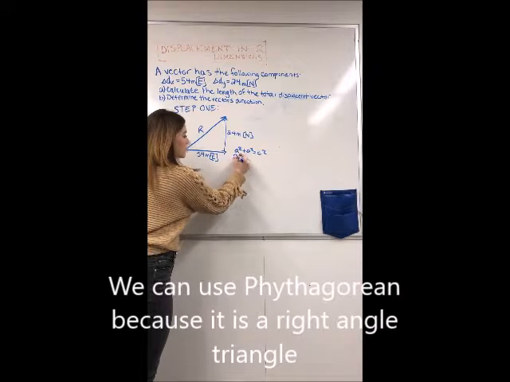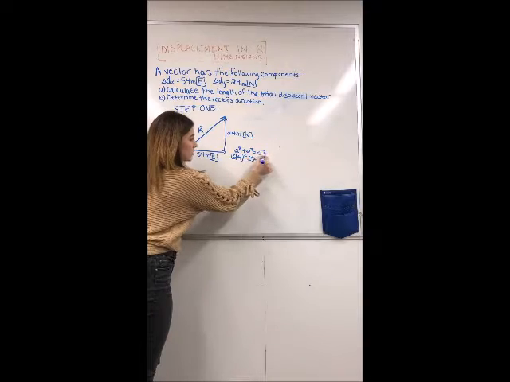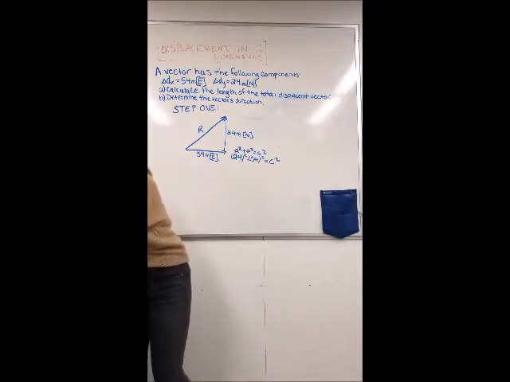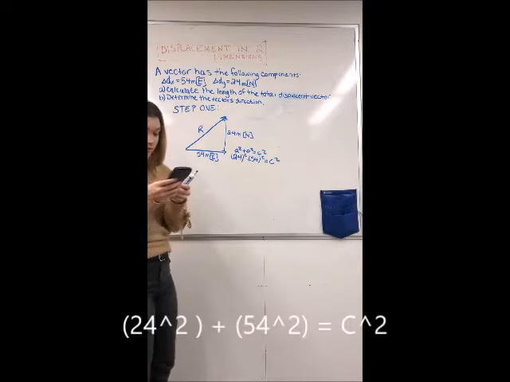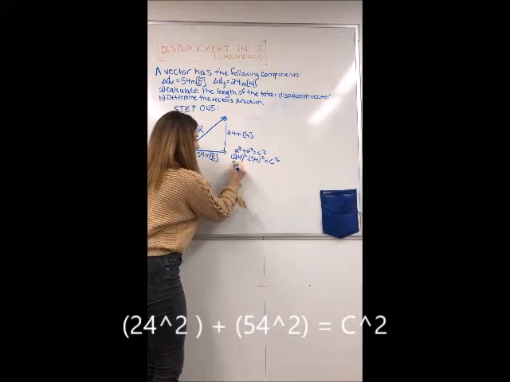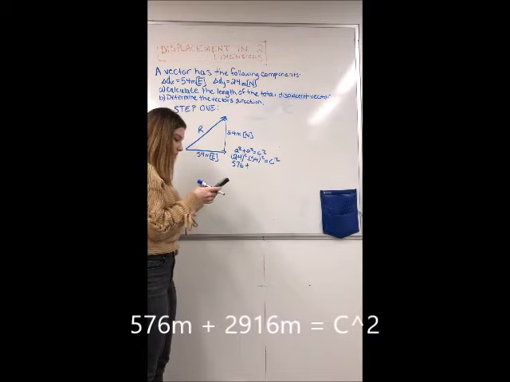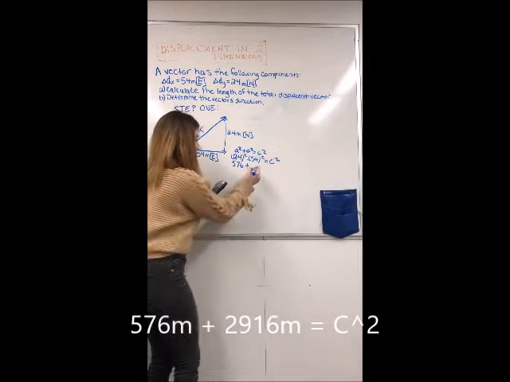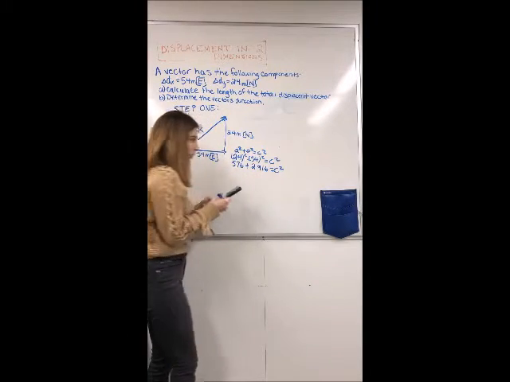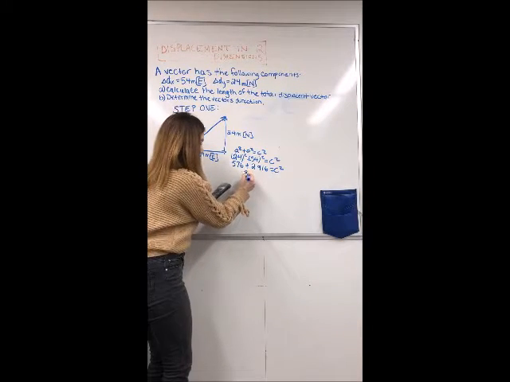So we have 24 squared plus 54 squared equals C squared. 24 squared equals 576 meters, plus 54 squared equals 2,916, equals C squared.